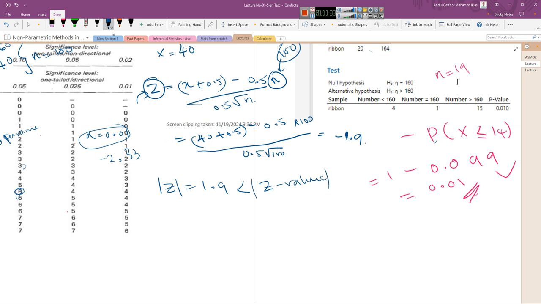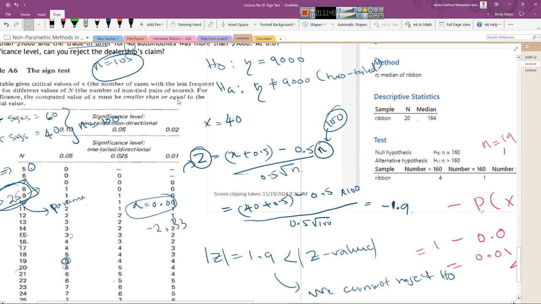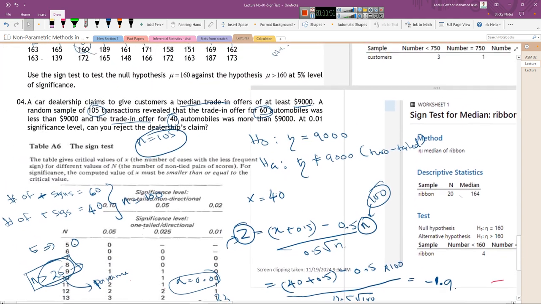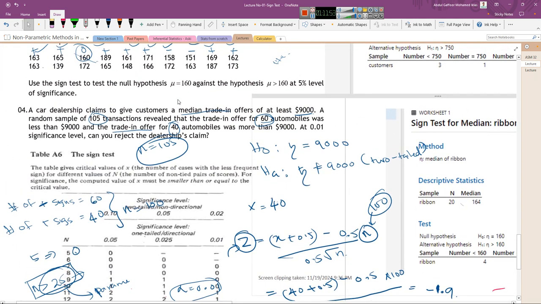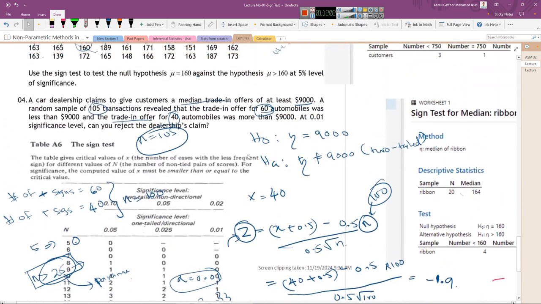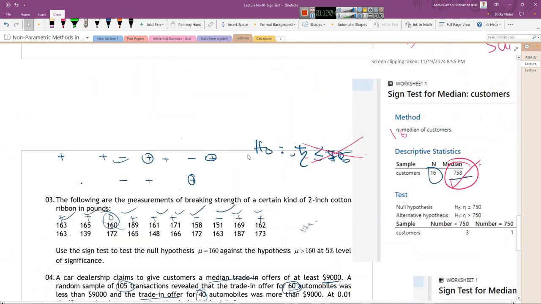So here we cannot reject H naught. If we cannot reject H naught, we will accept it. So we can tell that the median trade-in of these automobiles is $9,000.